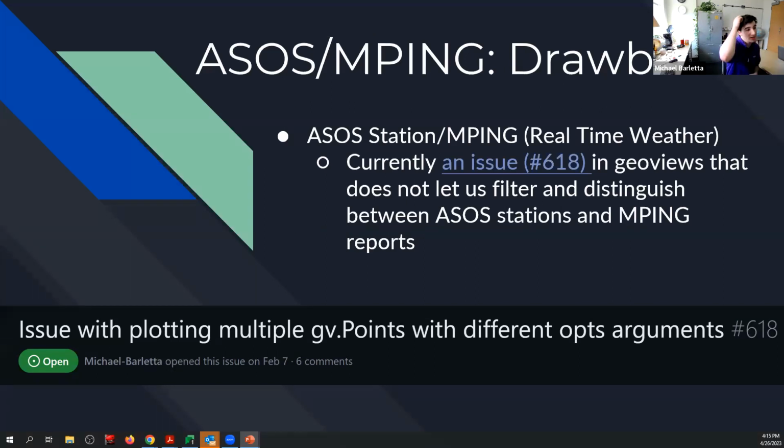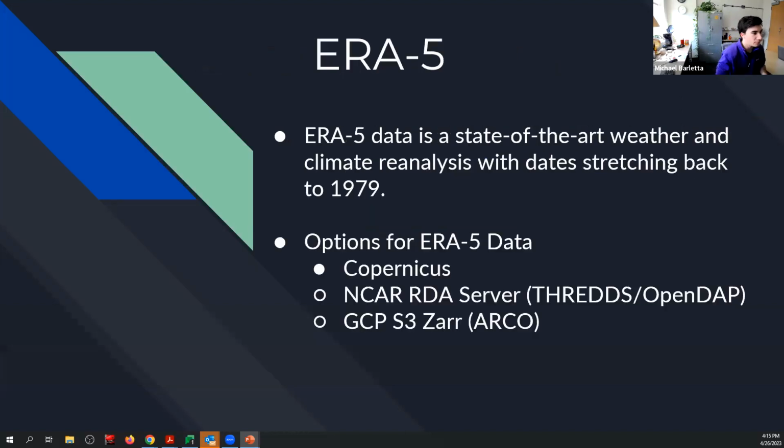That will be hyperlinked here if you look at the slides. And on the bottom here, this is the specific issue I opened. Basically, we mesh MPing and ASOS reports into one data set, but we'd like a way to more easily distinguish what's an ASOS and what's an MPing report. But currently, for some reason, that just seems not totally possible.